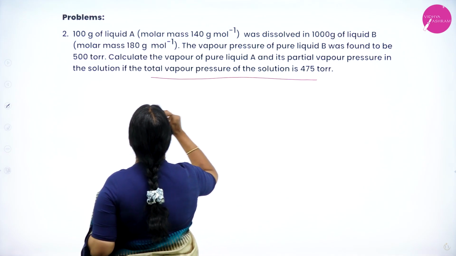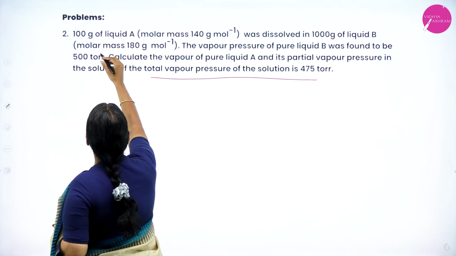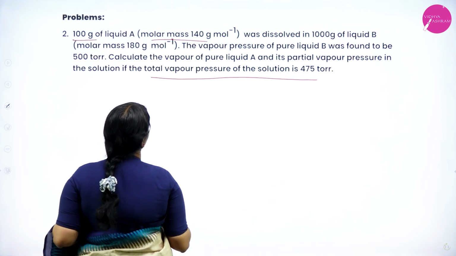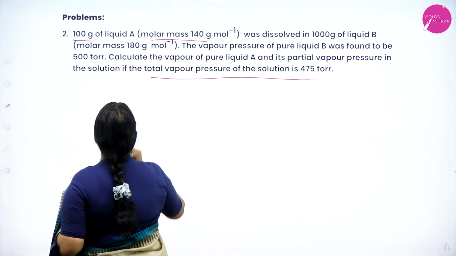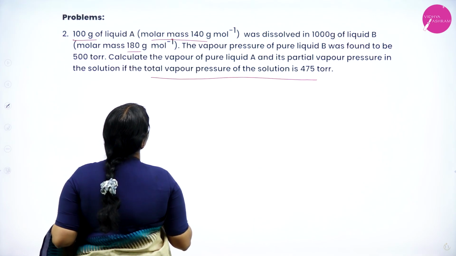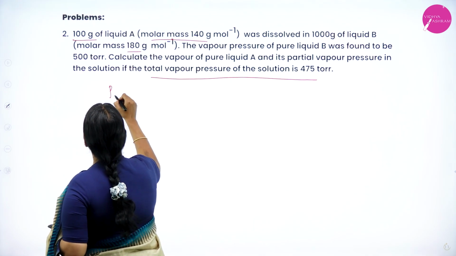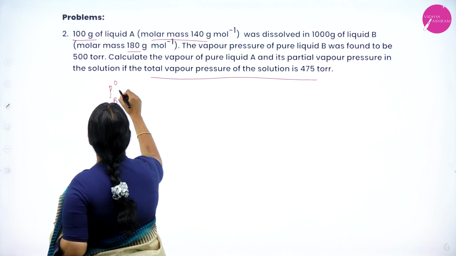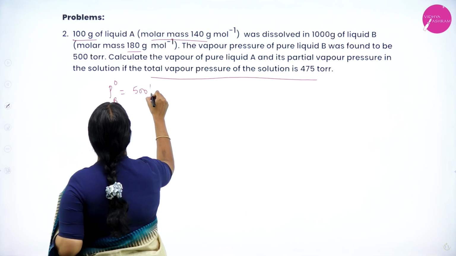So, we write 100 gram of liquid A, molecular mass 140, and liquid B 100 gram, molecular mass 180. The vapor pressure of pure liquid B, that is PB naught, was found to be 500 torr.